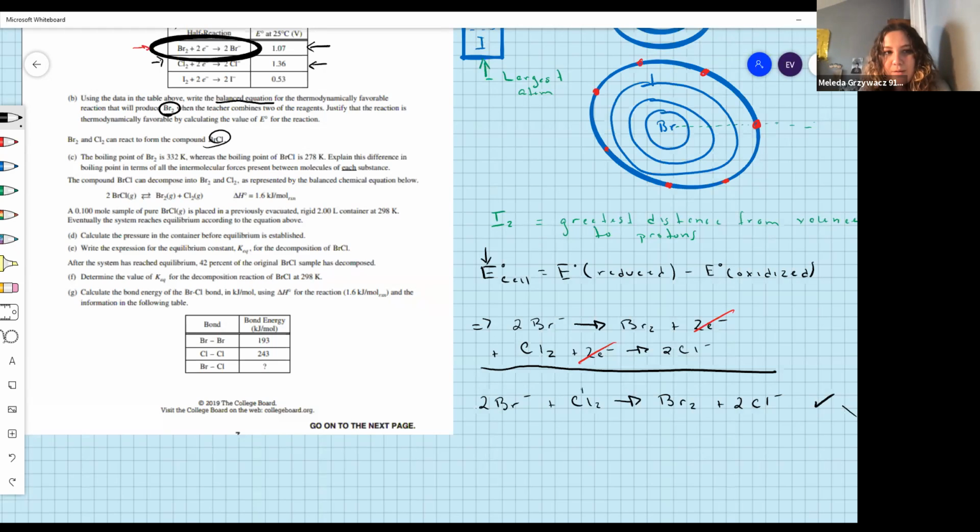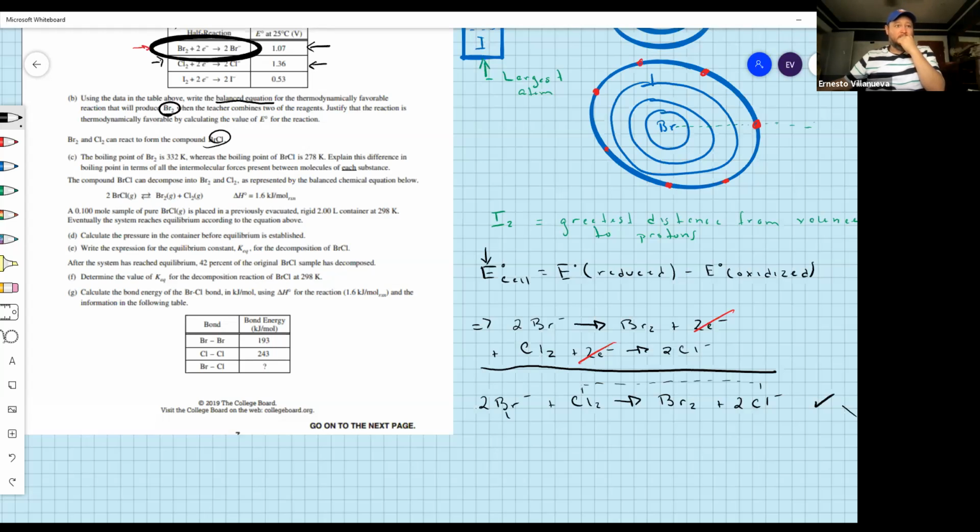You've got to look at the species, right? From here to here, and from here to here. Bromine is reducing and then chlorine is oxidizing.